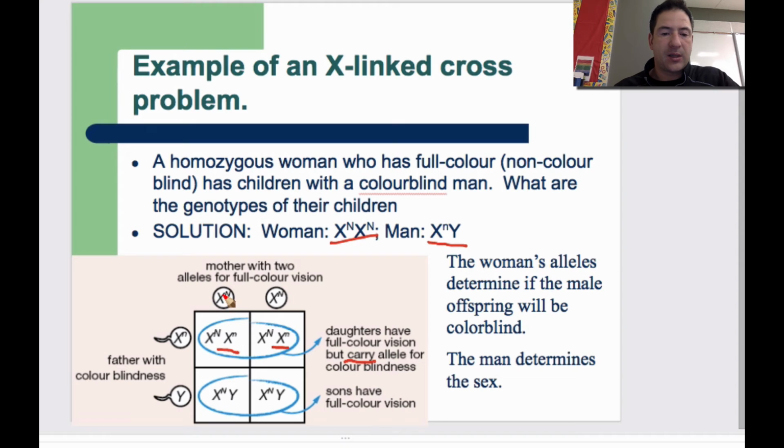Now, if you look at the sons, where this dominant allele and this X chromosome is then combined with the Y, they're going to both produce sons that have full vision. So though the man or the father has color blindness here, it doesn't necessarily mean that you're going to produce individuals with color blindness. But you did produce 2 carriers that in the future could pass it along to their children.